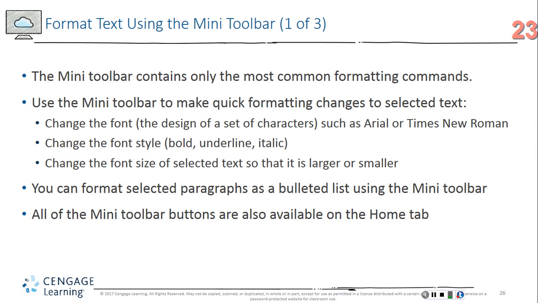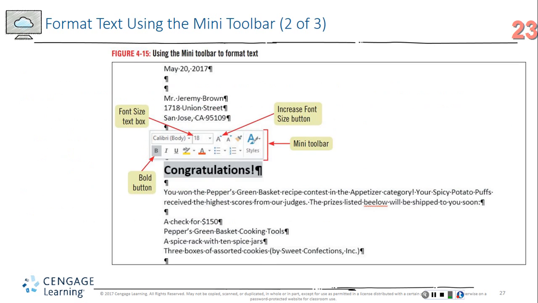You can also format selected paragraphs with bulleted lists using the mini toolbar. All the mini toolbar buttons are also available on the Home tab in Microsoft Word. So this screenshot shows what the mini toolbar looks like, and the only time you'll see the mini toolbar is when you have text selected, like we have the word congratulations selected here, and it gives you the options for selecting a different font size.